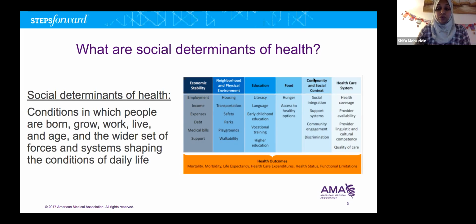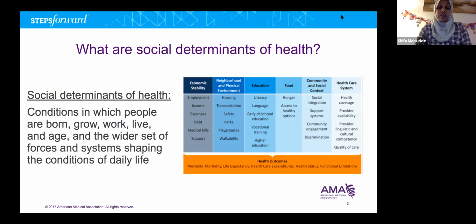A lot of people who fall in the safety net, who don't make it, maybe are undocumented and are not necessarily following their healthcare coverage, can find themselves in difficult health circumstances. In addition, neighborhood and physical environment, as we mentioned, transportation, where you live, can really determine your overall mortality, morbidity, life expectancy, all the health outcomes.